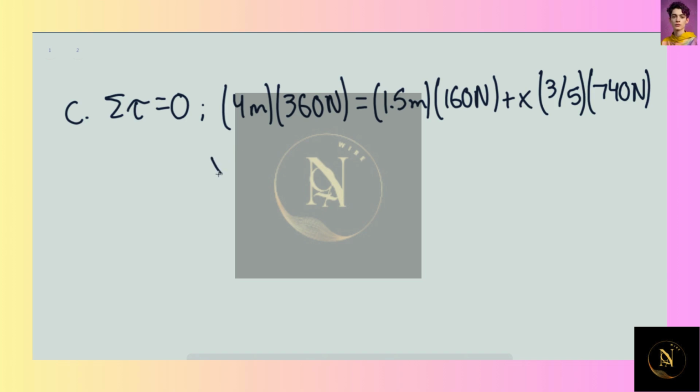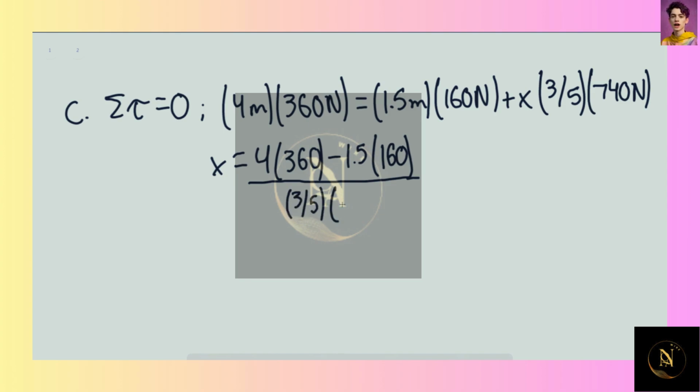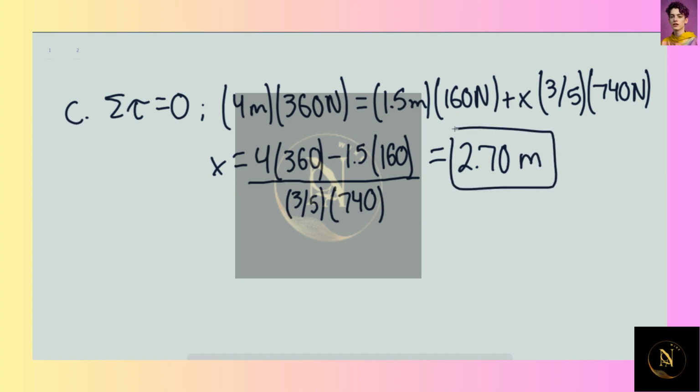And we find that x is going to be equal to 4 times 360 minus 1.5 times 160, divided by 3 over 5 times 740. And this is giving us 2.70 meters. So this would be your value for x. This would be your answer for part C.